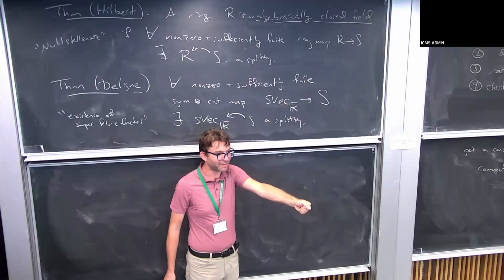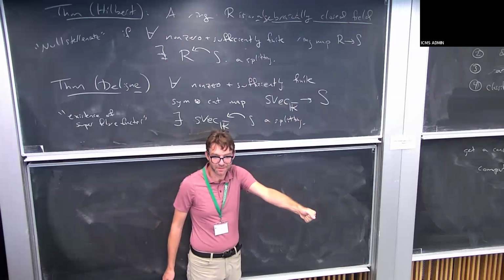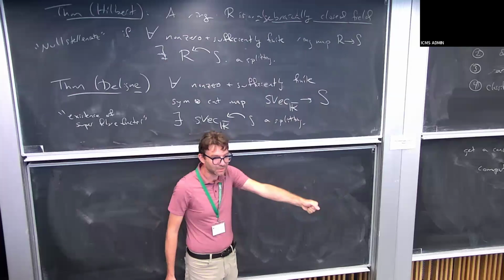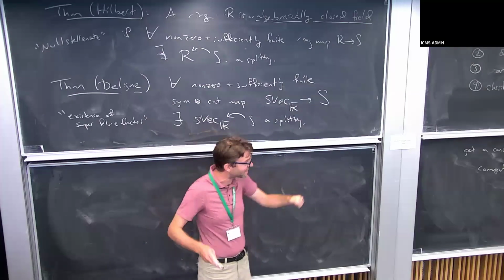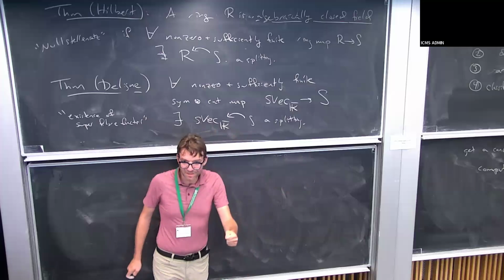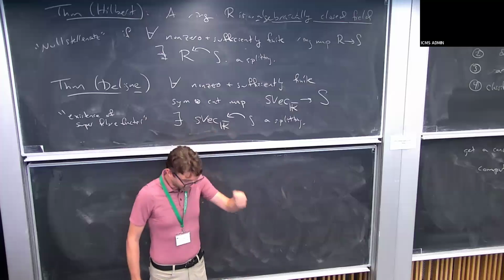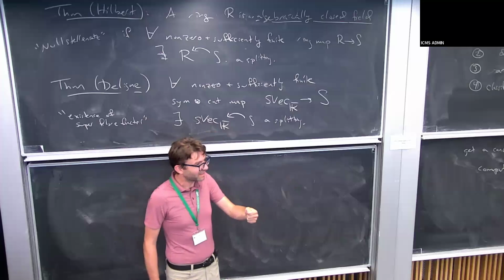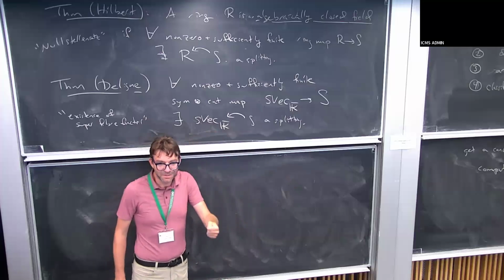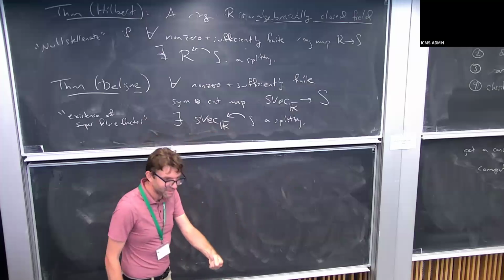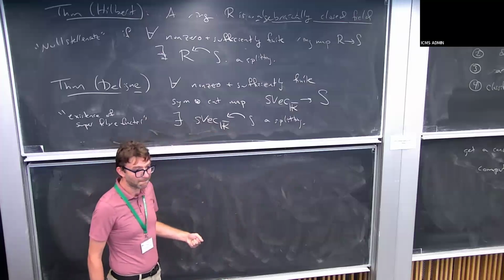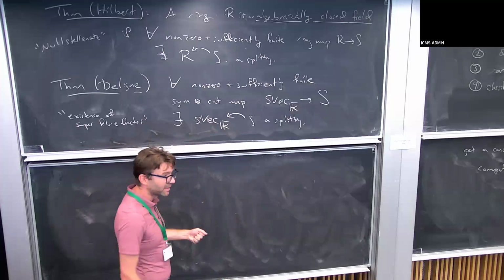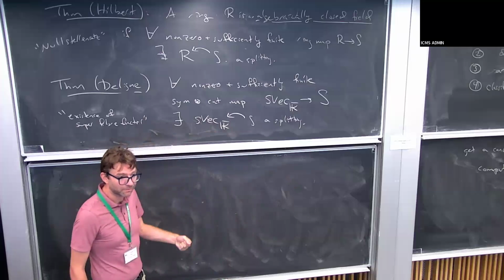In characteristic 0, supervector spaces is a nice separable fusion category over vector spaces. Those are definitely sufficiently finite, and that functor does not split as a symmetric monoidal map. And so Vec is not algebraically closed, but SuperVec is.